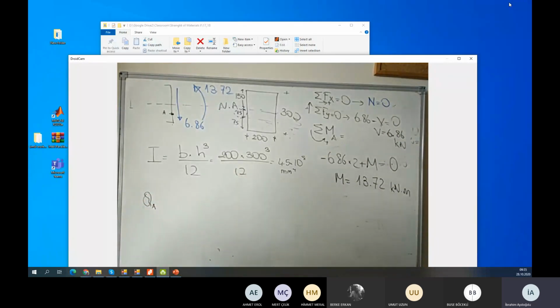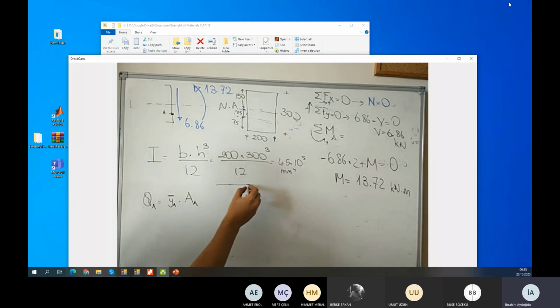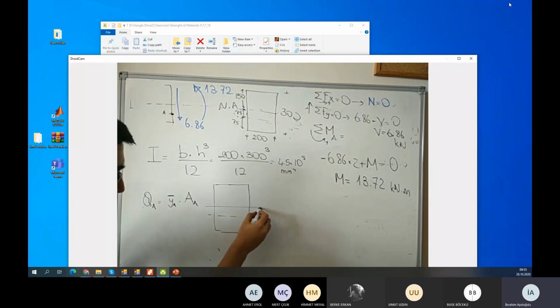How do we calculate the Q? Maybe you remember that: Y bar A times area A. What does it mean here? I need to show you on the diagram. This is my cross section. This is the neutral axis.